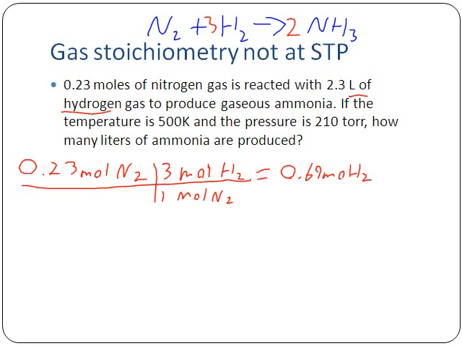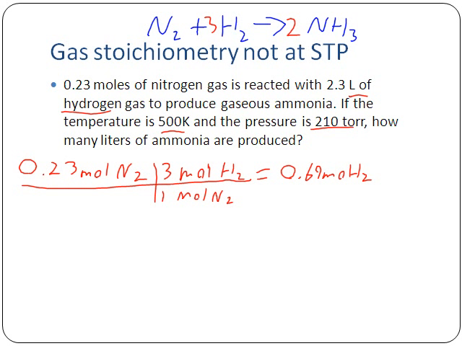And so at this point, we see whether it's going to fit with the 2.3 liters. Well, to convert to liters now, because it's at 500 K and 210 torr, we're going to have to use our ideal gas law, PV equals nRT. You can't use our 22.4 here.